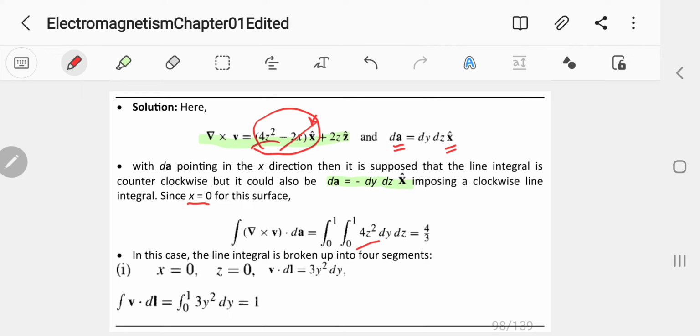You integrate that with respect to z, that's 4 z cubed over 3, and so the total integral will give you 4 thirds.